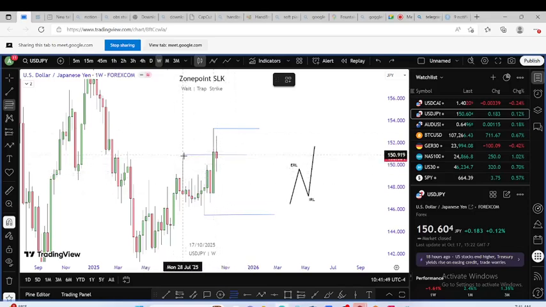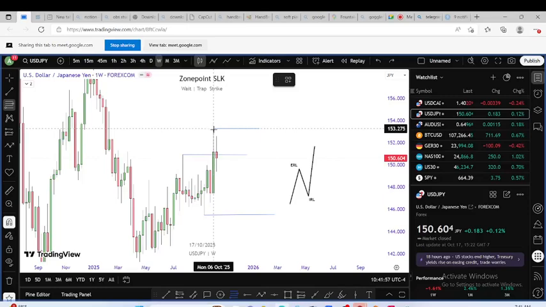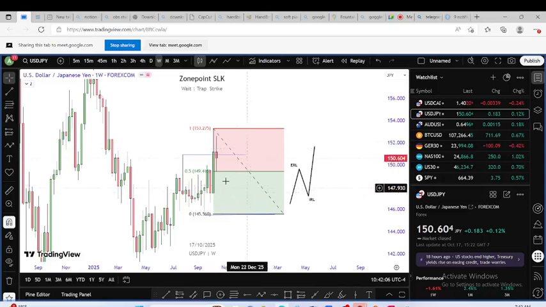Because I'm in an uptrend, I'll be drawing my fib from the upside like this to the downside. So on my fib, this green area is my buy zone and this red area is my sell zone.